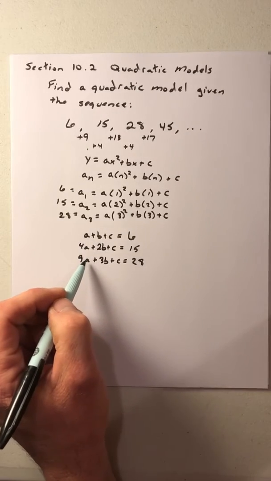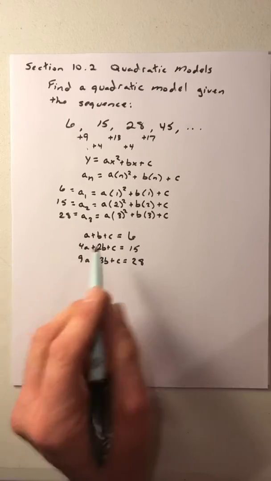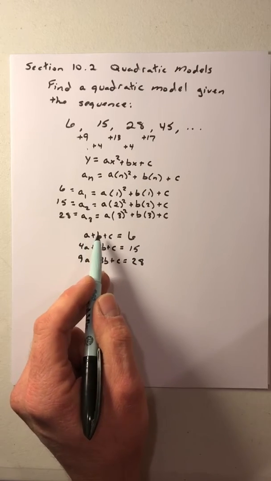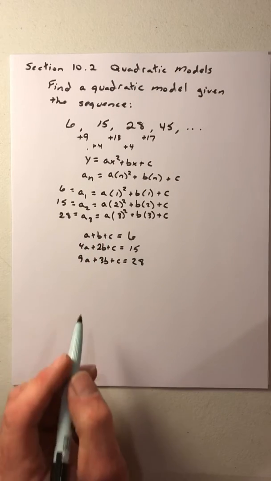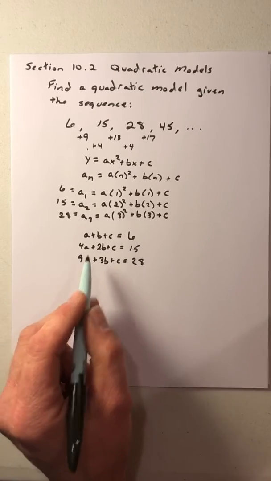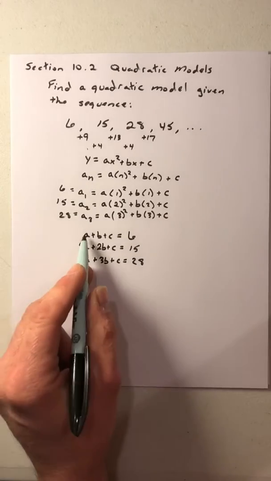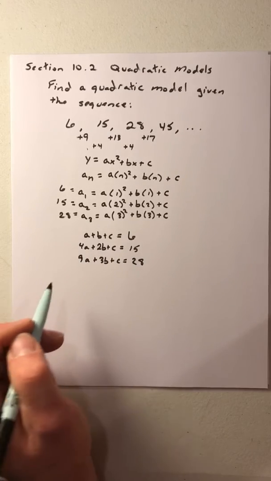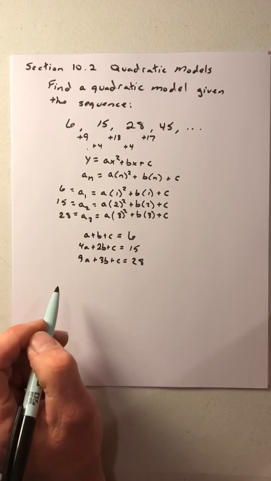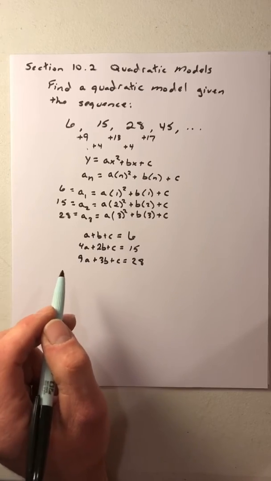Now we have a 3 by 3 system of equations, and we can go ahead and solve for a, b, and c. How do we do that? If you remember, solving a 3 by 3 by hand, we take two of our equations first and eliminate one of the variables. Then we take two other equations and eliminate a variable there.